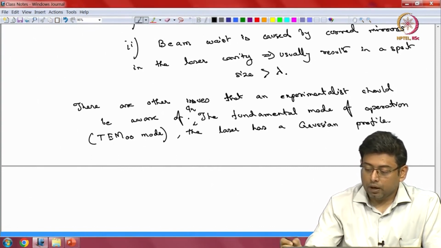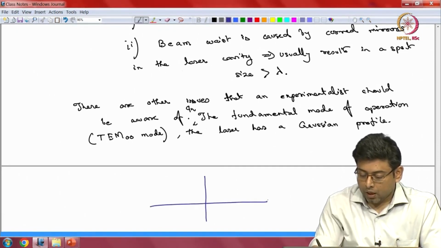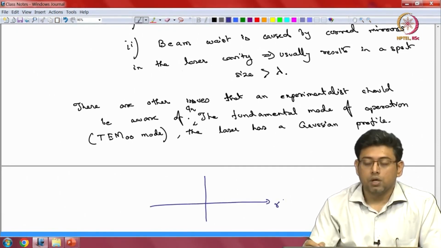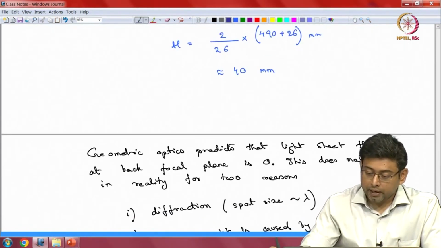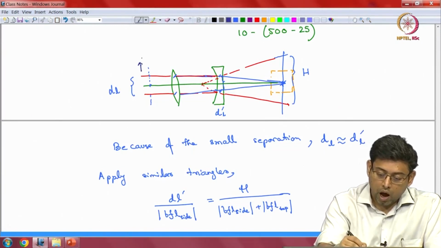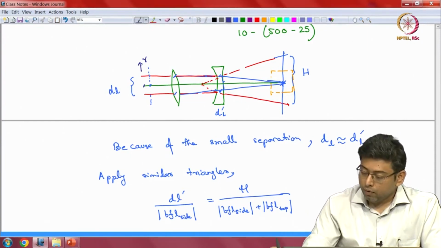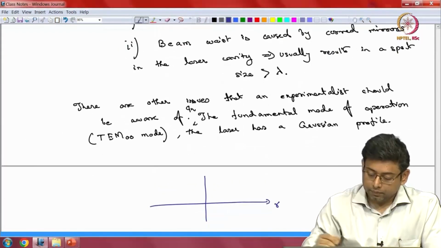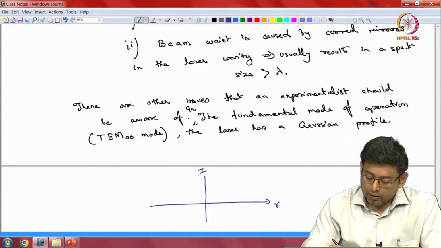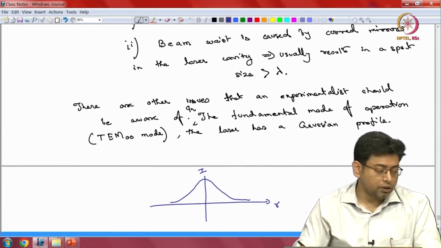which means that if you were to draw a diagram, and this is, let us say, R, the radial distance. So, going back to this, if you were to use R in this direction with this being 0, the origin, then if you were to plot the intensity values, it would look something like this, like a Gaussian curve, right.